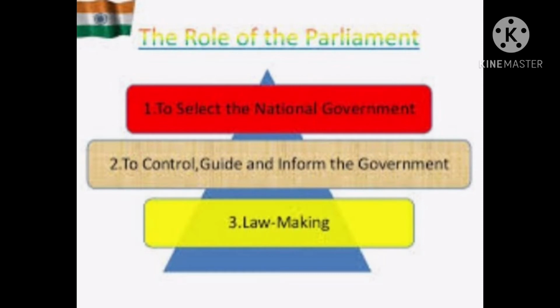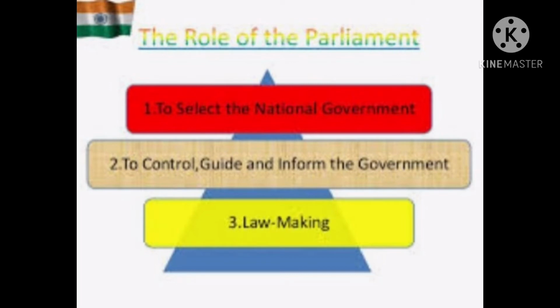After the election result comes, whichever political party gets 272 or above 272 seats is invited to form a government by the president.